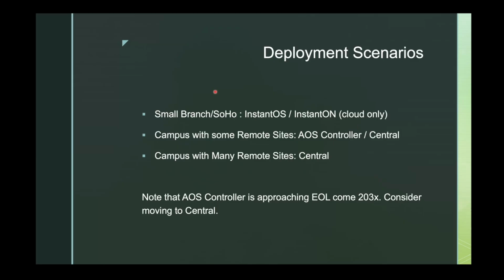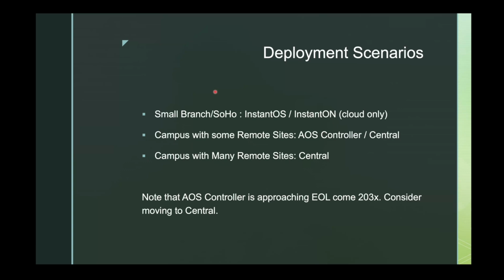So, let's talk about some deployment scenarios. For small branch and small office, home office, you're most likely going to want to put in Instant OS or Instant On. A lot of people get Instant OS and Instant On confused. The main difference is Instant OS is on-prem and can be managed by Airwave, Central, or Mobility, and Instant On is cloud only.